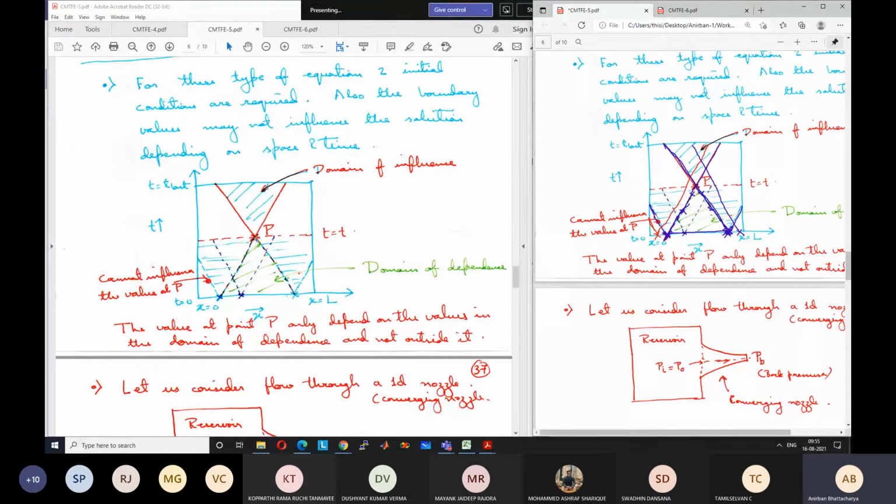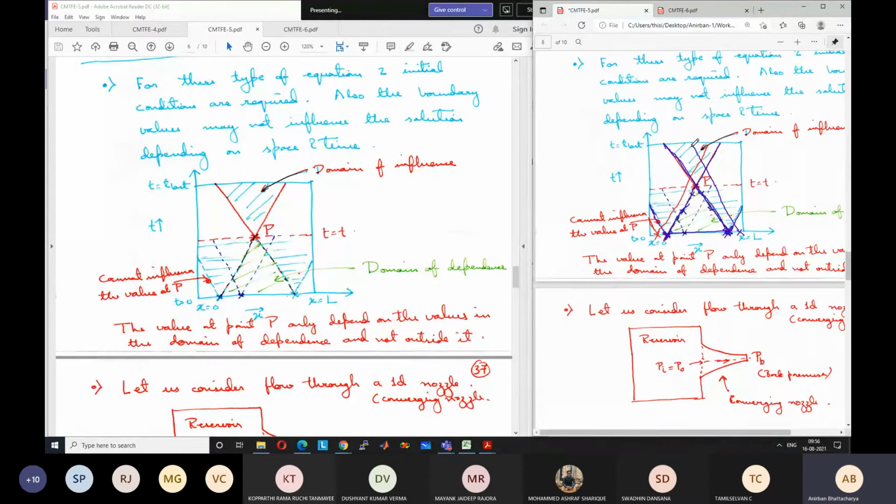What about boundary conditions? Can the boundary conditions influence this point? No, sir. It cannot influence, right? Because the domain of dependence does not touch any boundary. But maybe for some future point, the boundary conditions will be able to influence.